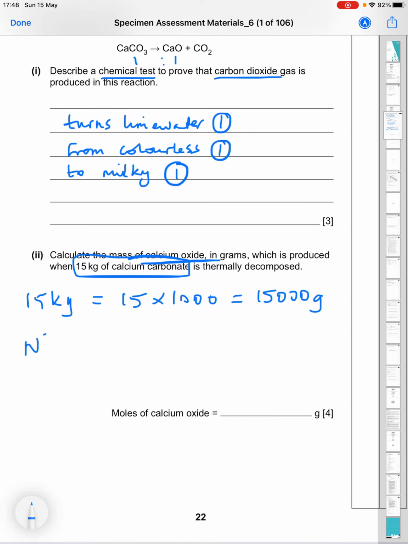And then we just do number of moles is mass divided by the formula mass. So the mass is 15,000.